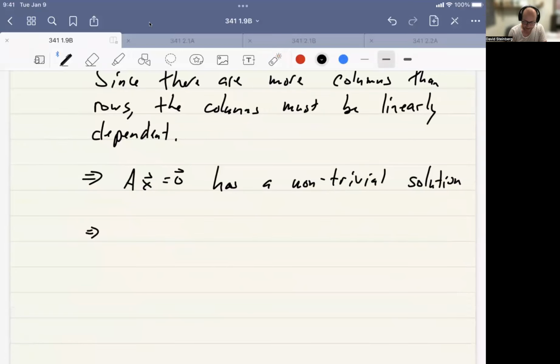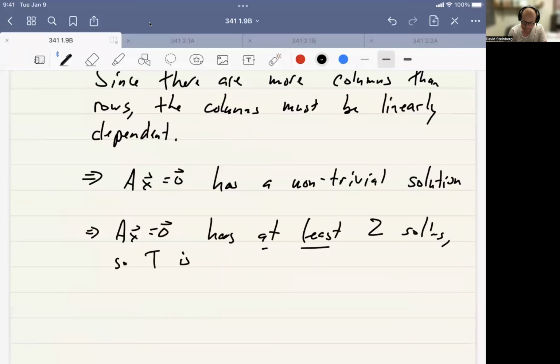So AX is equal to 0 has at least two solutions, so T is not one-to-one. Tempting to say that A is not one-to-one, but that isn't quite what we mean. We really want to be talking about the transformation.